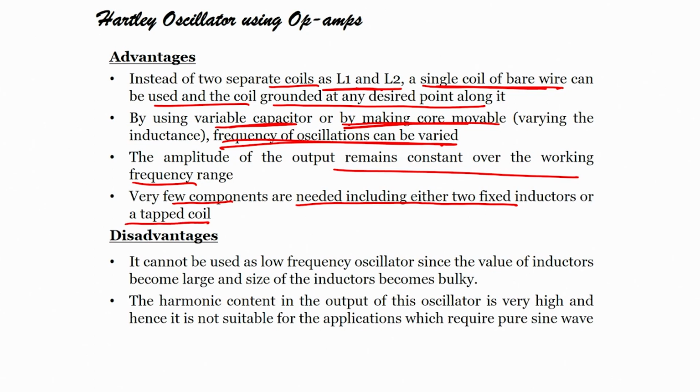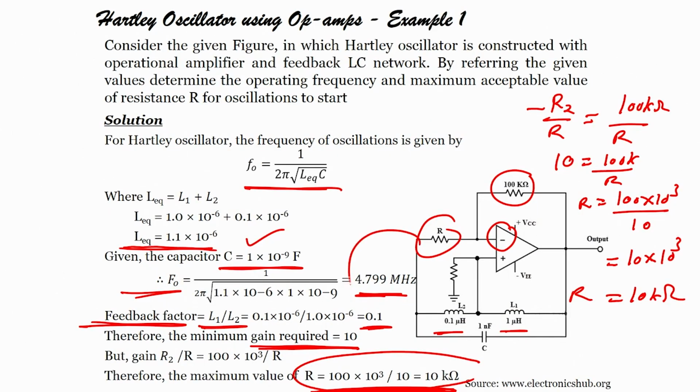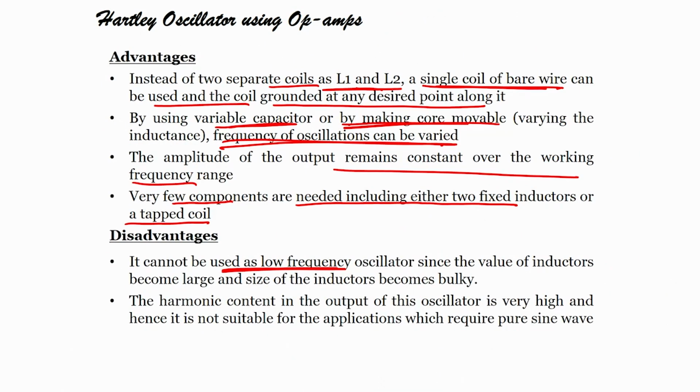But there are some drawbacks also. The drawback is that it cannot be used at lower frequencies. You can see the frequency that we derived in the previous case, 4.9 megahertz. We have seen that it is about 200 kilohertz and above, or megahertz and above to some gigahertz. So, it is a high frequency oscillator. It cannot be used at low frequency, since the value of inductors becomes large and the size of inductors becomes bulky.